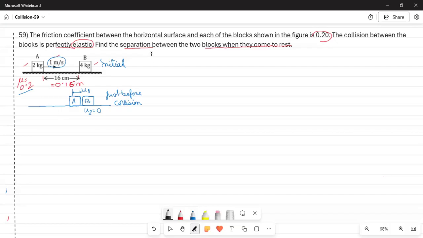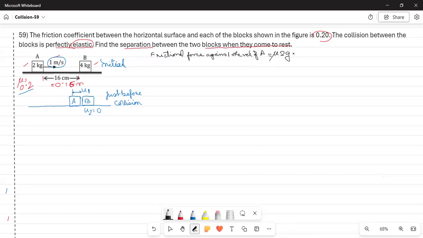Frictional force acts against the velocity of A. Frictional force is mu mg. m is 2 kg and g is 10.